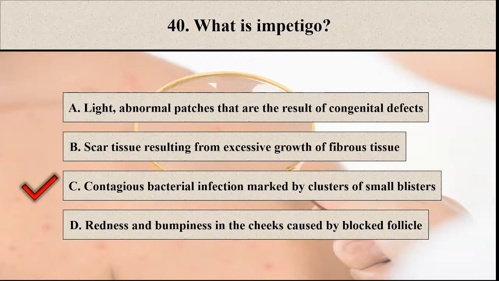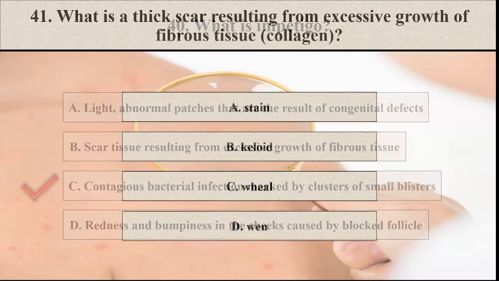If you chose C, contagious bacterial infection marked by clusters of small blisters, you are correct.